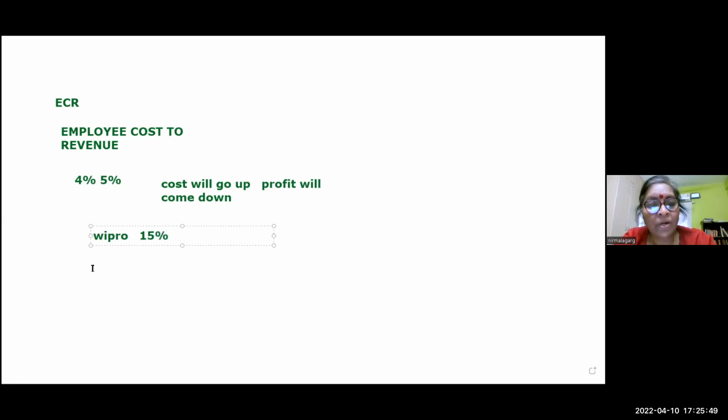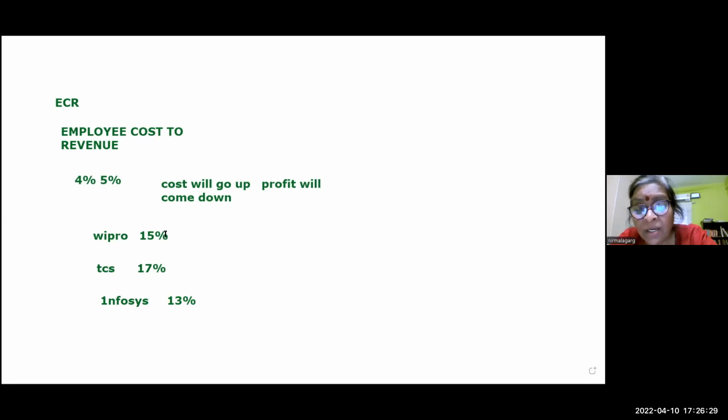And if TCS is, you say 17%, and say Infosys is something like, say, 13%, then depending on where I want to position myself, you have the benchmark of ECR within which industry you want to perform. You will say, okay, fine, I will go with an average of 15%. Are you with me?